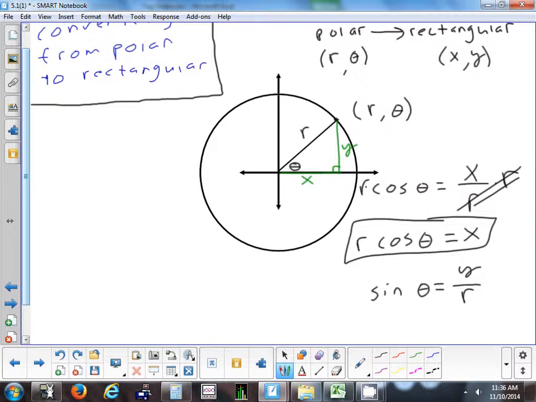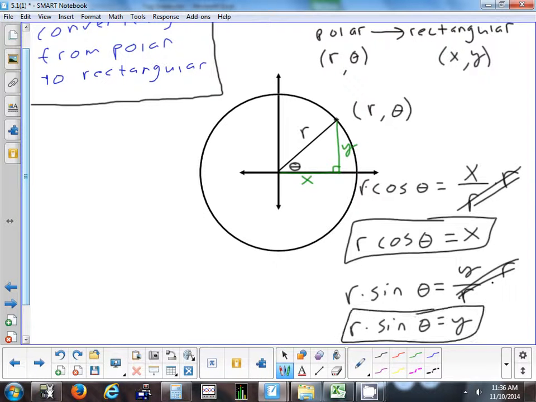So Sean, how would I get y alone? You would times r on both sides. Yep, multiply both sides by r. And we get a formula that says if you want to know the y value, take the sine of the angle and multiply it by the radius.